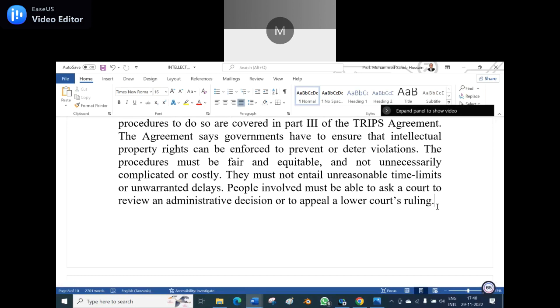Rights are given, yes. If your rights are violated, some machinery would be there to punish it, of course based on the complaint. Police is the enforcing machinery. Court will give the orders. Are you following me?